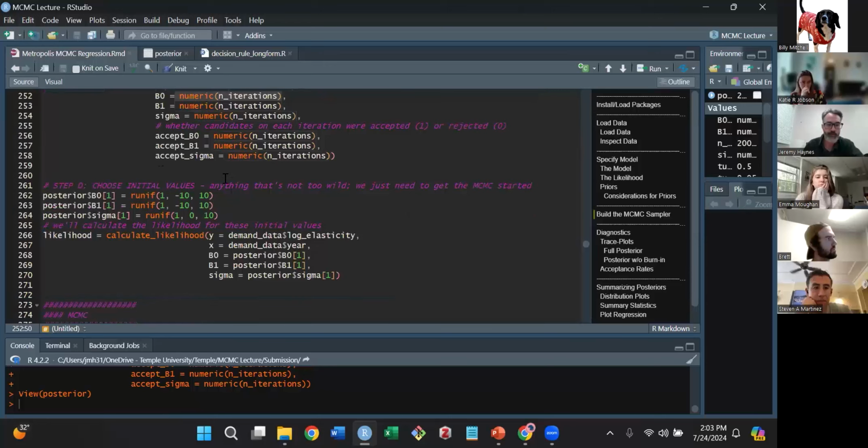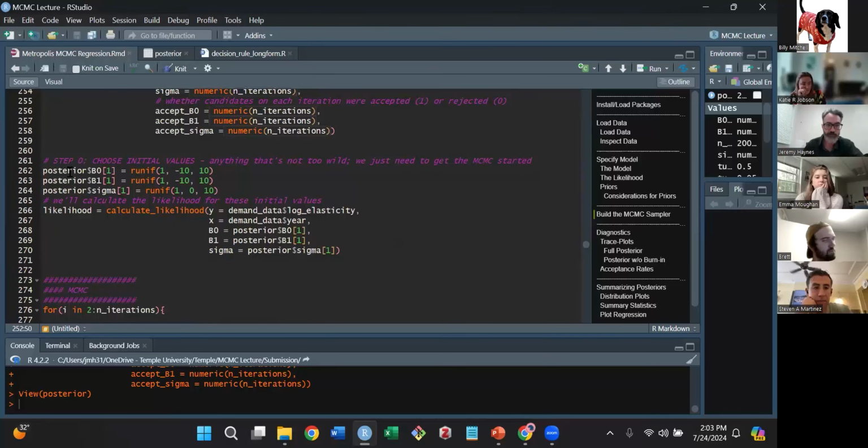Now, if you'll remember, step 0 for each parameter is to choose an initial value. So here I'm just accessing the first element in the intercept column, the slope column, and the standard deviation column. I'm just generating a random number. This could be honestly anything.